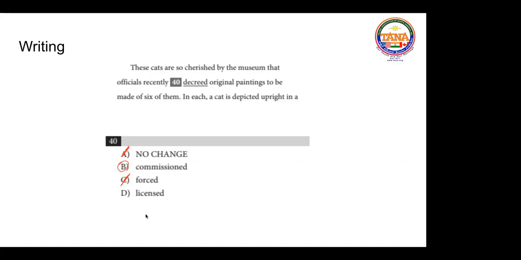Licensed is like when you license someone to complete an act. You don't license an artist to make a painting, you commission an artist to make a painting. It's just the way the word is usually used. Anyone have any questions why it's not D or A or C? No? All right.